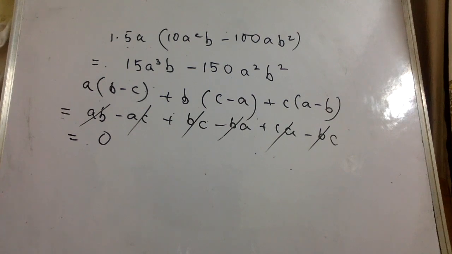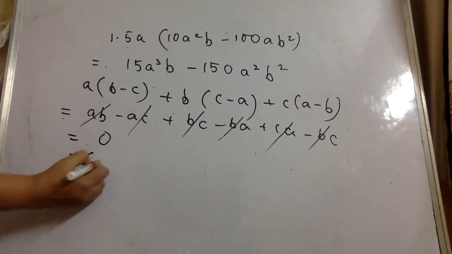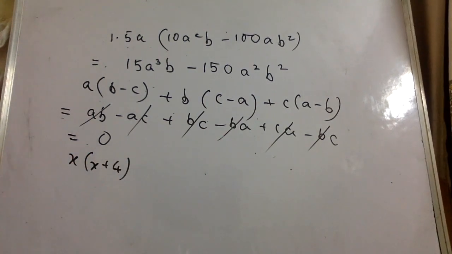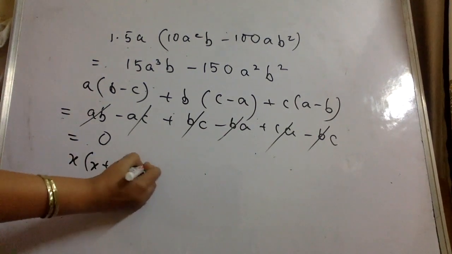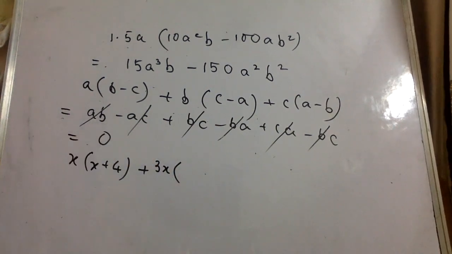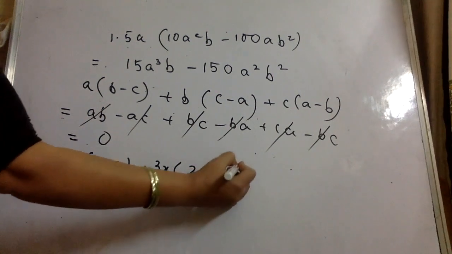So this was, let me take up another one which is almost like this. It is x plus 4, here it is x plus 4, plus 3x, and 2x square minus 1, 2x square minus 1.